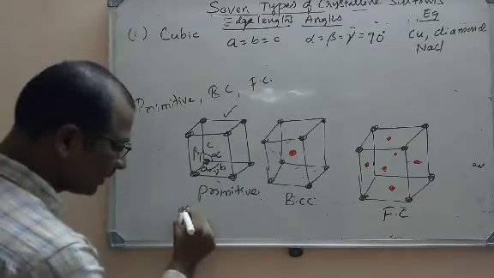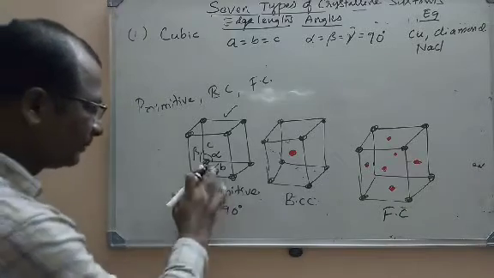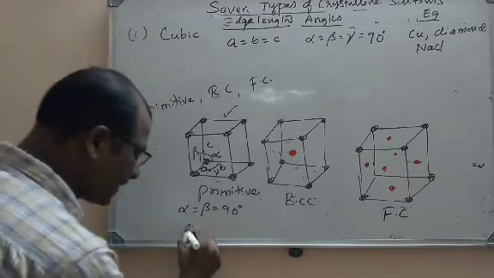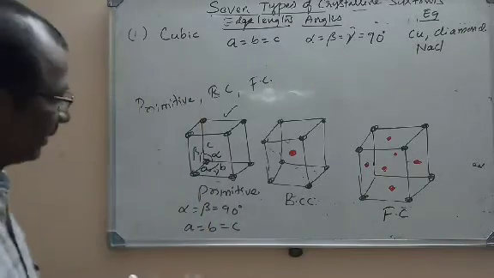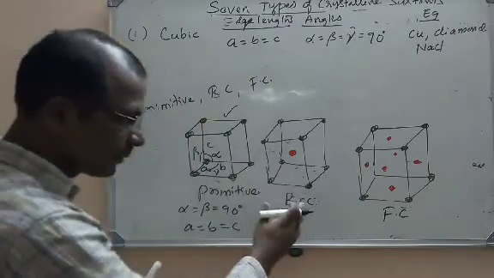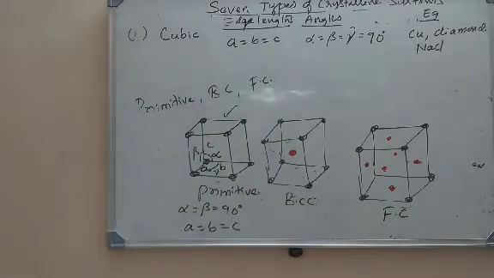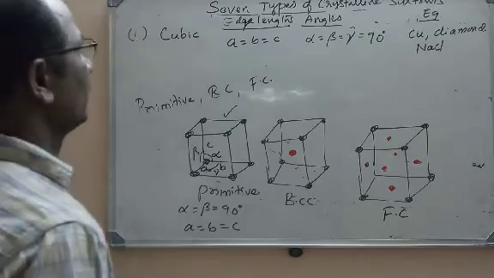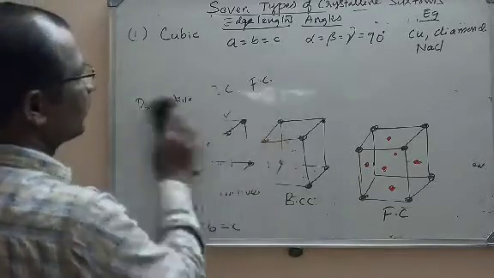So alpha is equal to beta is equal to 90 degrees, and A is equal to B is equal to C. Then it is called a cubic crystal. In cubic it can be primitive, body centered, and face centered. So this is the first type of lattice, of the 7 systems, that is cubic.